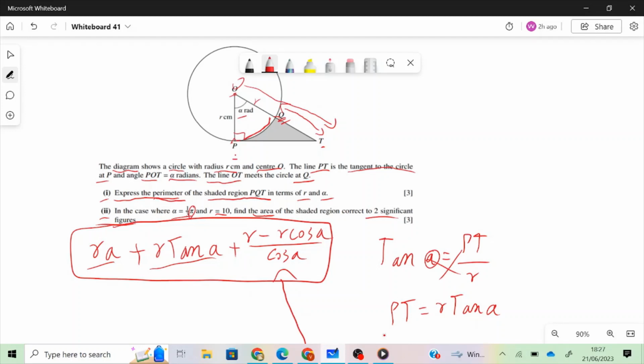Now it says find the area of the shaded region. So again, if I clear this up, we know that the whole of this is a right angle triangle, and if we subtract the area of this sector from that triangle, we will be left with our shaded region over here.